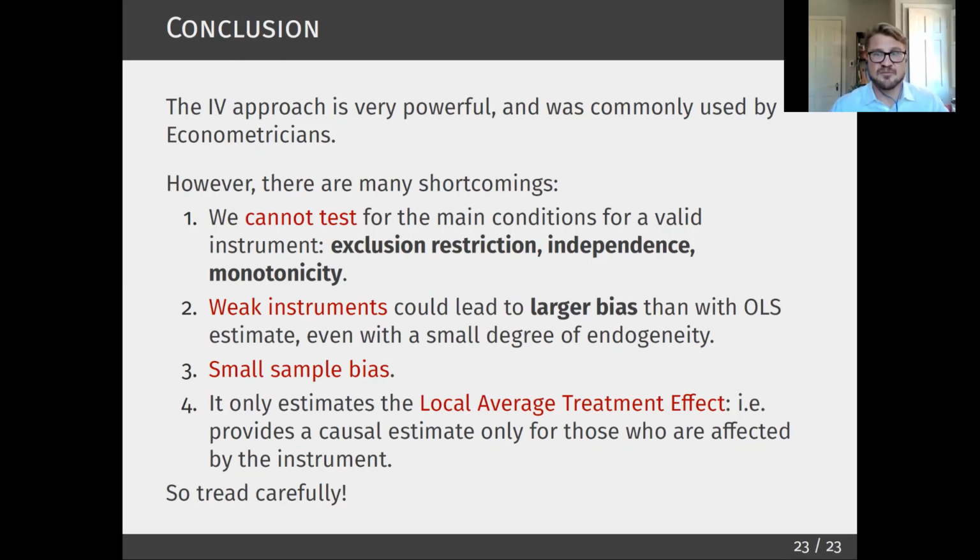And so with smaller samples, we might always be in trouble. And then the other concern is that we only estimated the impact on a subset of individuals. It's those who are the population that is influenced by the instrument. And so our interpretation is also limited to those individuals.